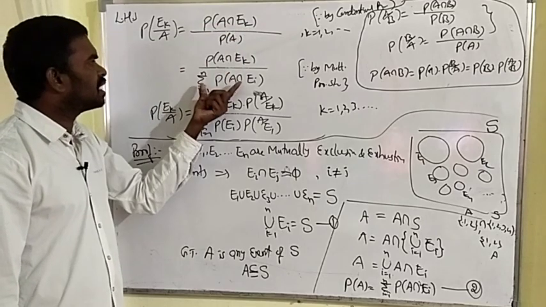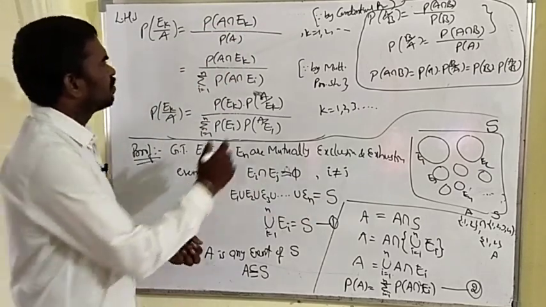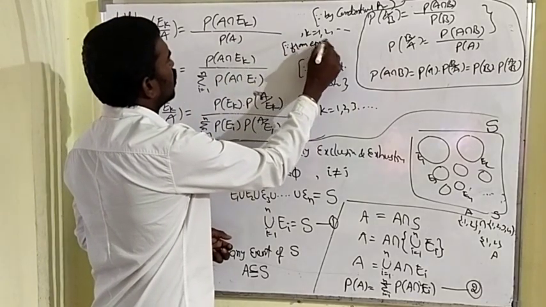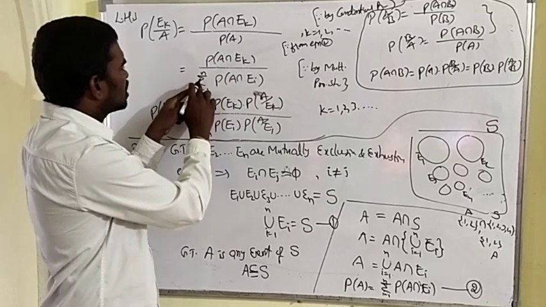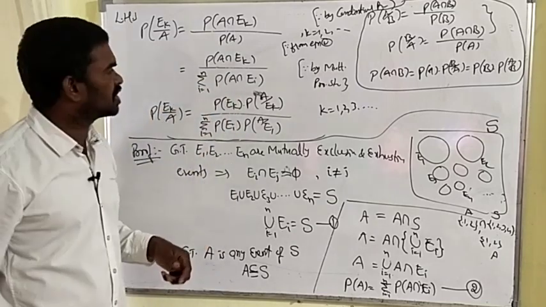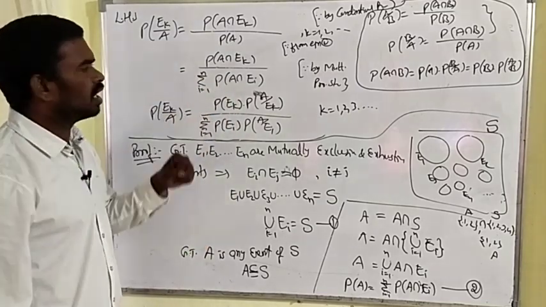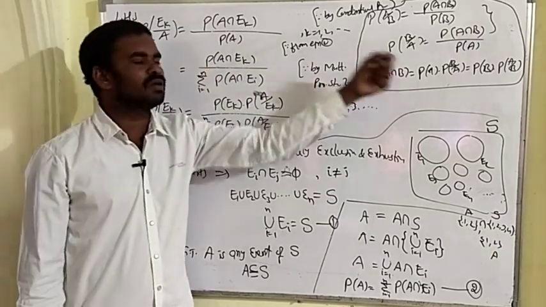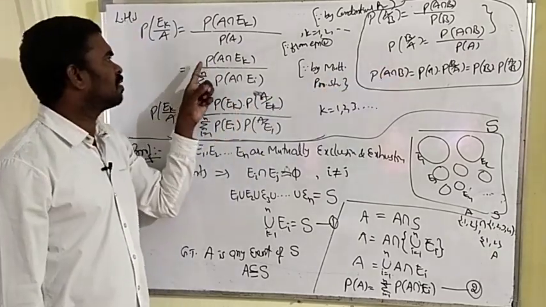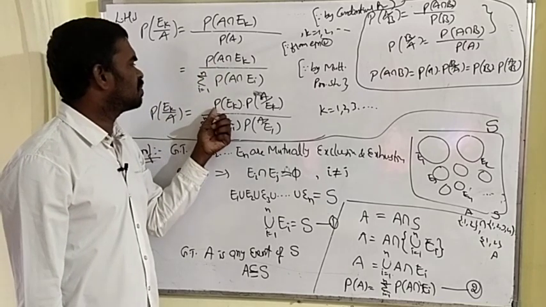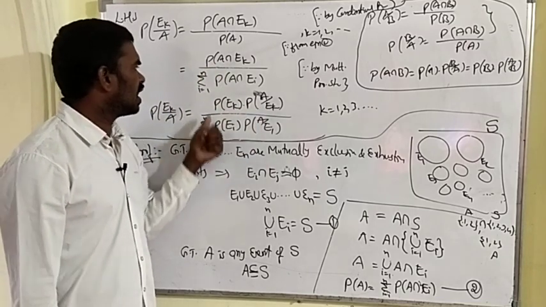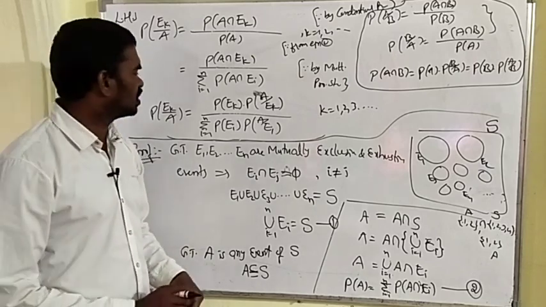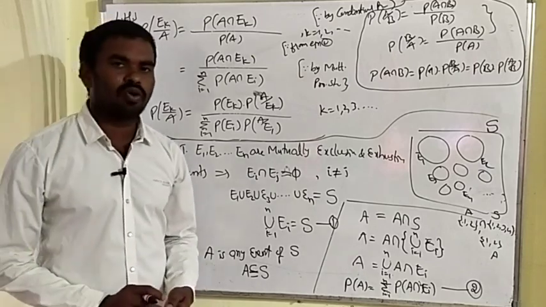Next, P of A from equation 2 is nothing but summation i equal 1 to n of P of A intersection Ei. Then apply the multiplication theorem. According to the multiplication theorem, P of A intersection Ek can be written as P of Ek into P of A by Ek, and in the denominator also written the same using the multiplication theorem. So this is the Bayes theorem, a very important theorem.